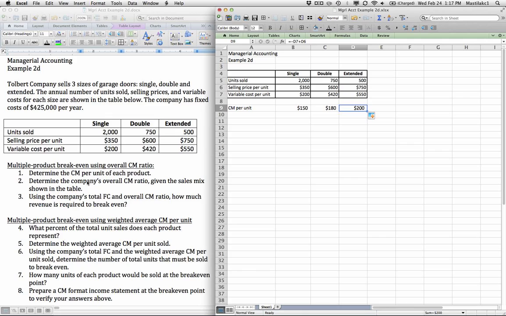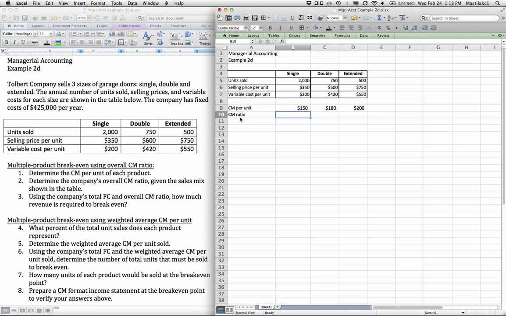Requirement 2, what is the company's overall CM ratio given the sales mix shown in the table? Now what we're asked to do is find the CM ratio, or the contribution margin as a percent of revenue. Now if we only had one product, we'd simply divide the CM per unit by the selling price per unit and get the CM ratio. All of these products have different CM ratios.